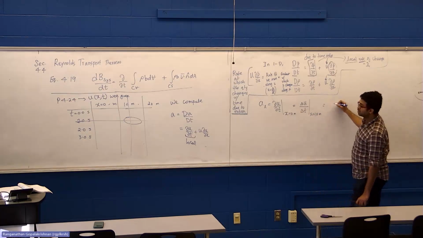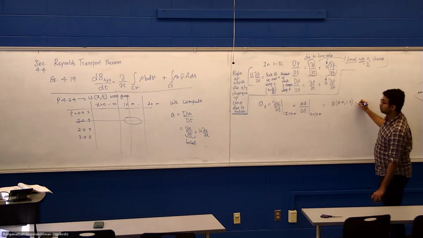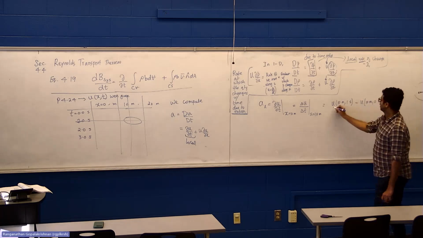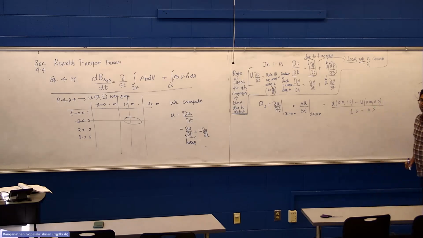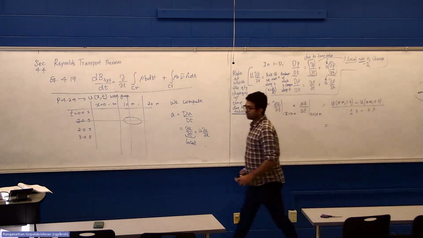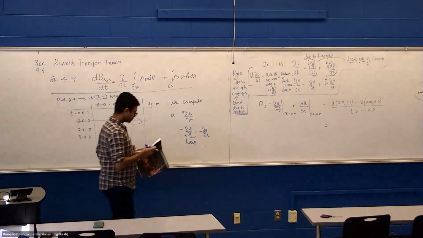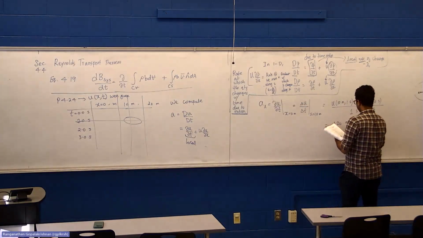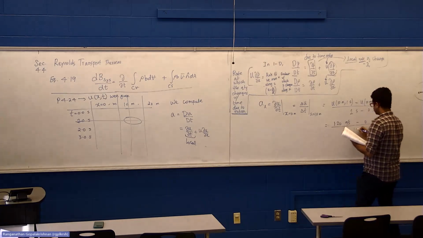So that would be the value of u at 10 meters and 1 second minus the value of u at 10 meters and 0 seconds, divided by delta t, which is 1 second minus 0 seconds. And if I look at the values, this is 1.20 meter per second minus 0 meter per second divided by 1 second.